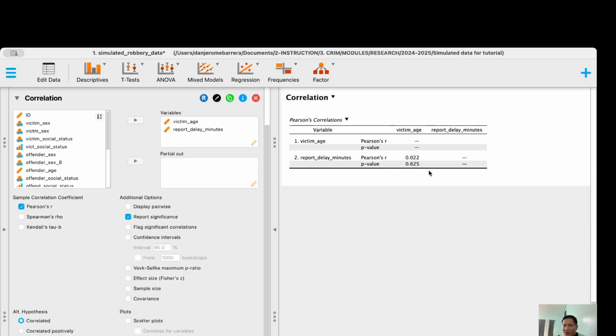So this figure 0.022 represents the relationship between victim's age and reporting delay. We can say that there is somewhat a positive relationship between age and reporting delays, which means that when age increases, reporting delay increases because it is positive.